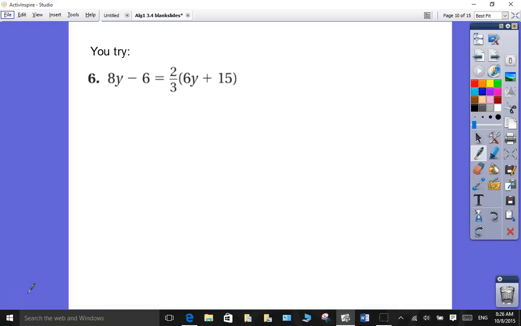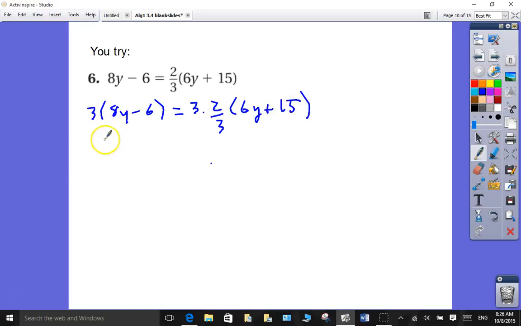I think in this case, instead of multiplying by the reciprocal, I might have just multiplied times 3 to get rid of that denominator. That would have looked like this: 3 times 8y minus 6 equals 3 times 2/3 times 6y plus 15.